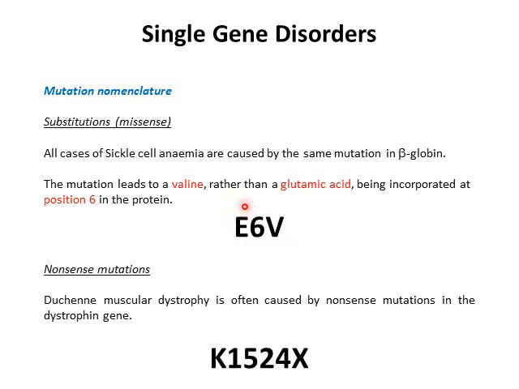The original amino acid at that position, the wild type amino acid, is a glutamic acid, which is an E in the single amino acid nomenclature list. The mutation has given rise to a valine at that position. So E6V: glutamic acid to valine at position 6 of the protein. That's how you describe a particular mutation using the correct nomenclature when it's a missense mutation.